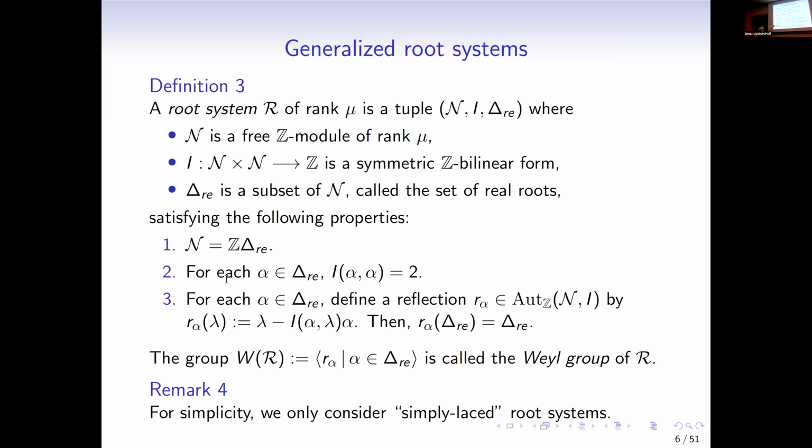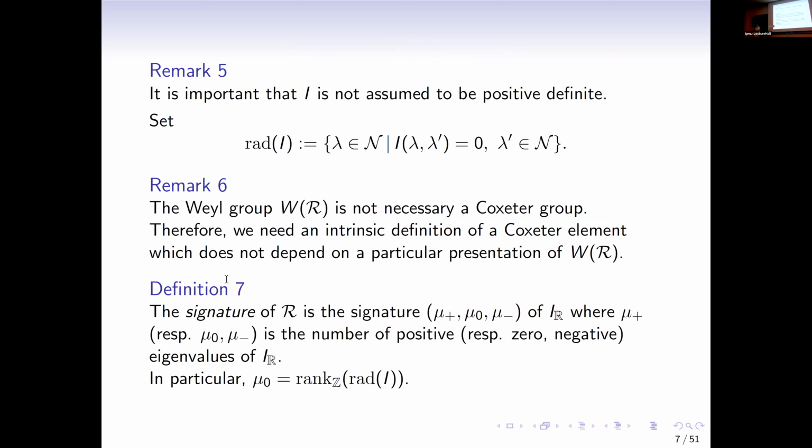And so today, for simplicity, we only consider simply laced cases. I mean, for the finite cases, I'm only interested in A, D and E types. And what is important is that the bilinear form I is not assumed to be positive definite. So we have this radical.